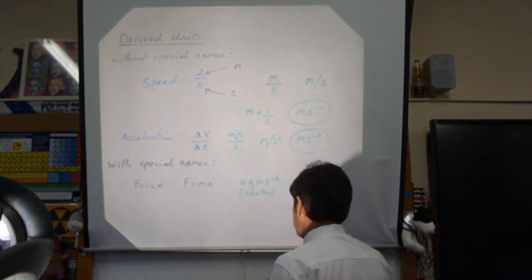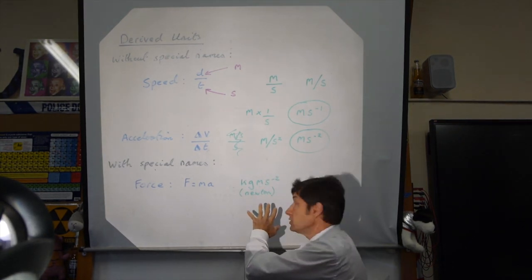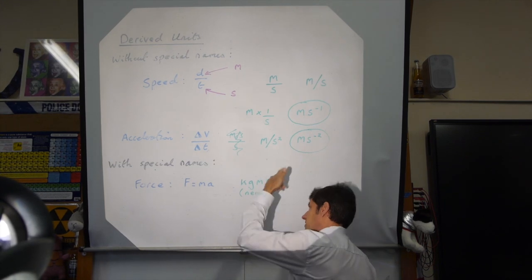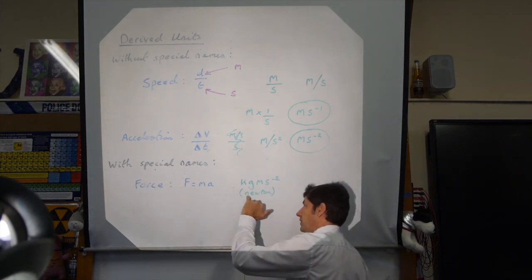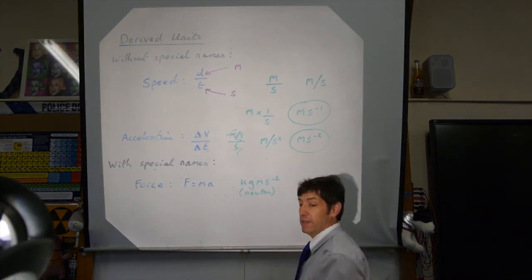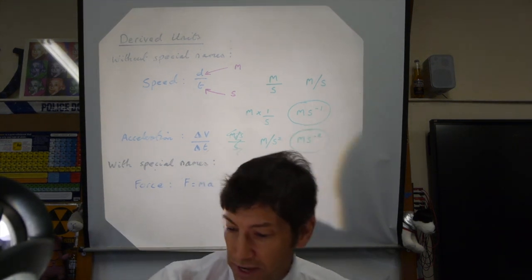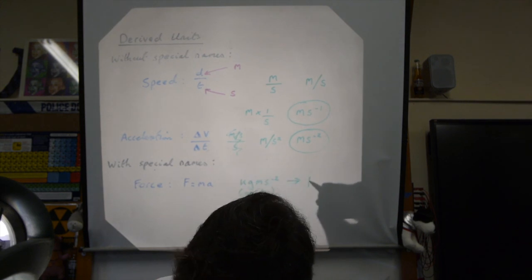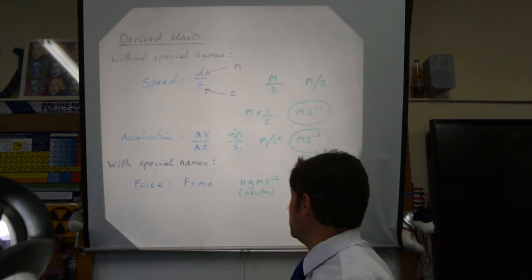Clearly after Isaac Newton, and he wouldn't have known this, of course, but it's been decided to name the kilogram meter per second squared after Mr. Newton, with a small n. The unit now, all of that lot, is going to turn into the Newton.